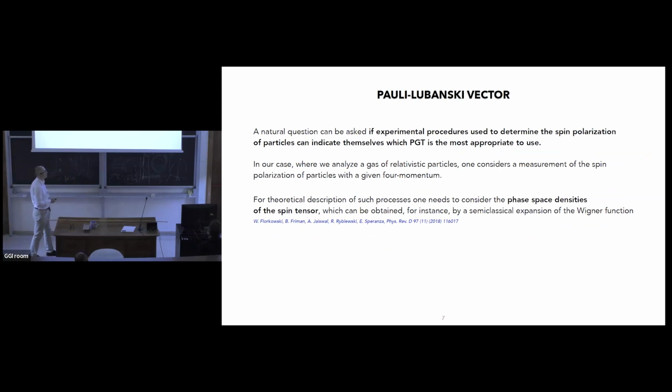But in fact, when we study heavy ion collisions, what we want to have are the phase space densities of the spin tensor, and this can actually be obtained from the Wigner function approach.